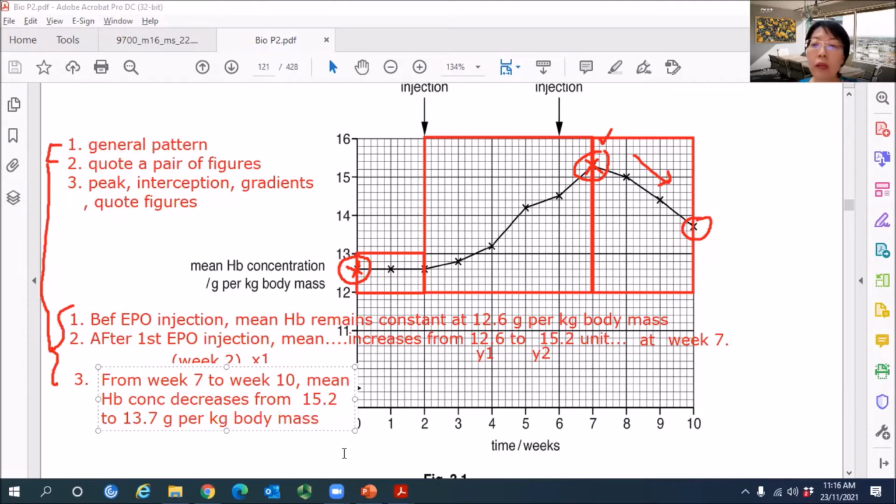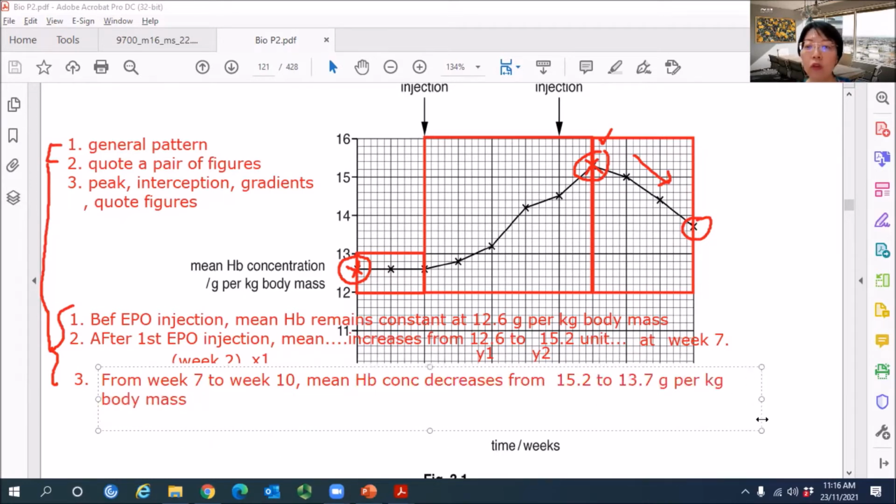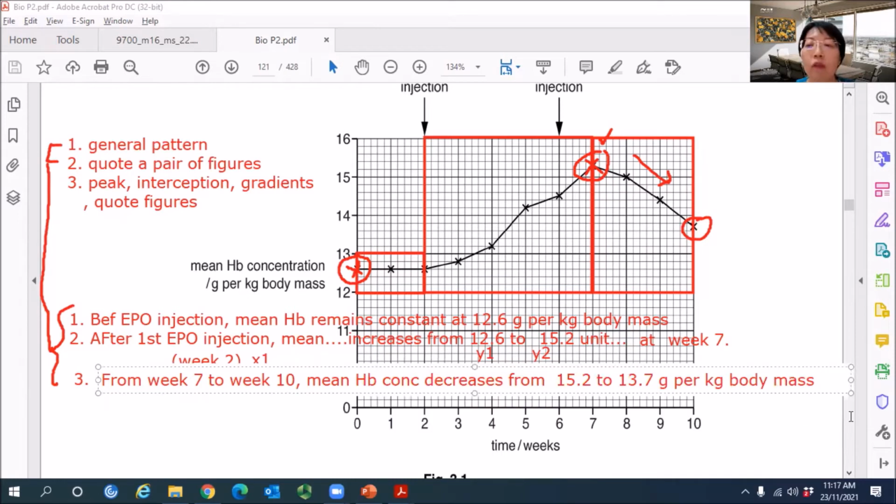Okay, you all must write unit. If no unit, you do not get the mark, because it represents something here. And you need to read this one very accurately. This is in the middle of the box, right? Is this one correct or not? Yes, correct, 13.7, very good.